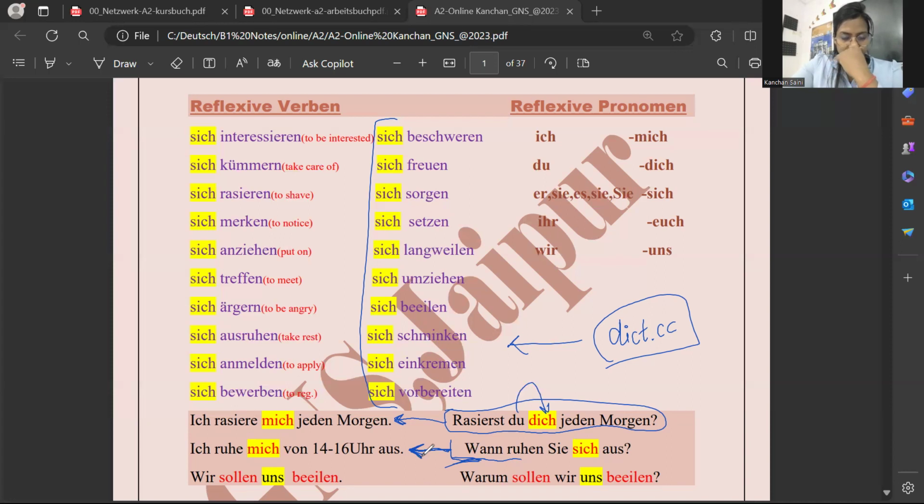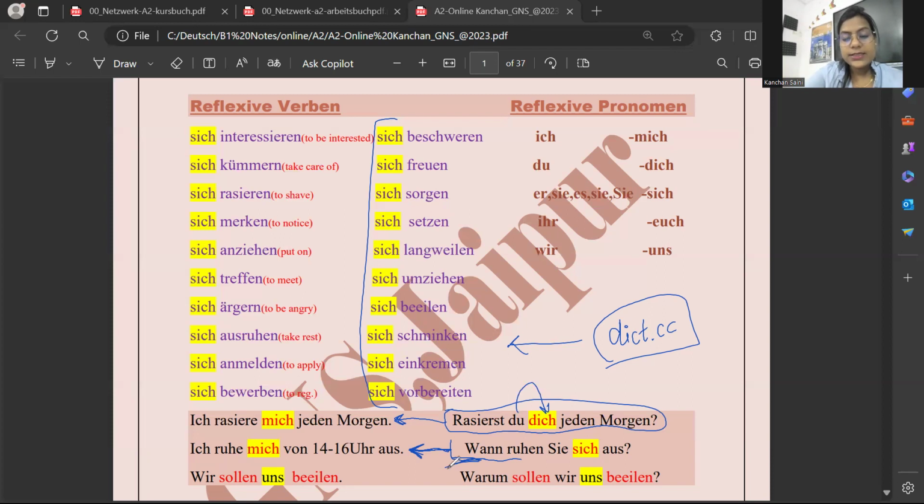So here we have kept the sentence structures we learned at A1 level as they are, but according to the new things we are updating them. So time is now shifted to the fourth place. Third place is occupied by the reflexive pronoun whenever we have reflexive verbs.